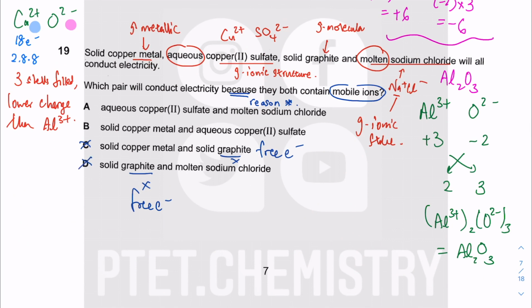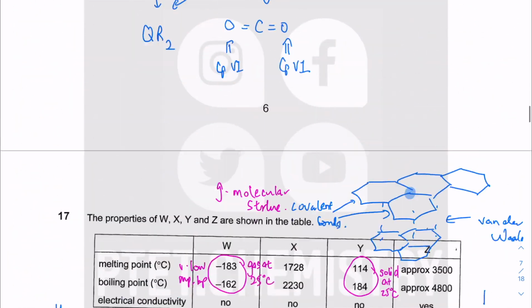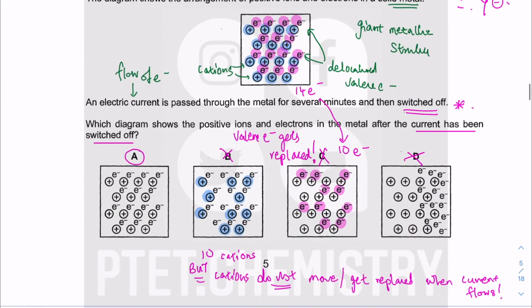Metals conduct electricity as a result of the free delocalized valence electrons. This relates to the question earlier. The metals conduct electricity because the electrons move around as the current flows and they get replaced by new electrons, but you don't decrease in the number of electrons. The cations don't move at all.